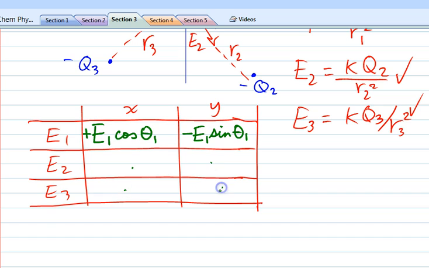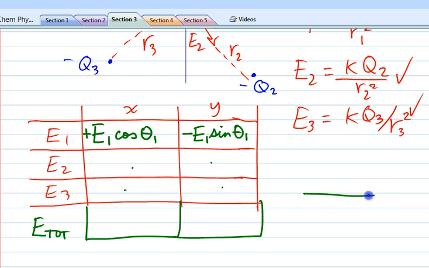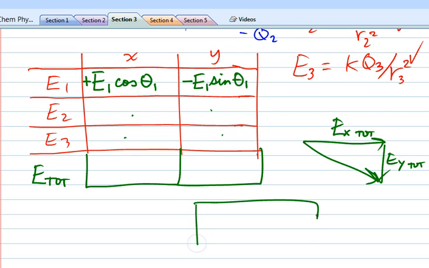These are very similar, and then what you should do is find E total, add them up, and that's going to give you a new vector with Ex total and Ey total, and then you just need to do the math. So having all of this is not going to be sufficient when you turn it in Monday. You're going to have to carry it out and get the final answer. So that's an overview of 57.